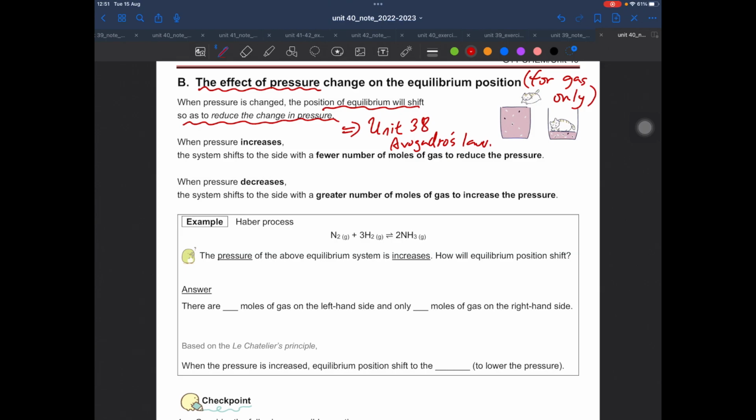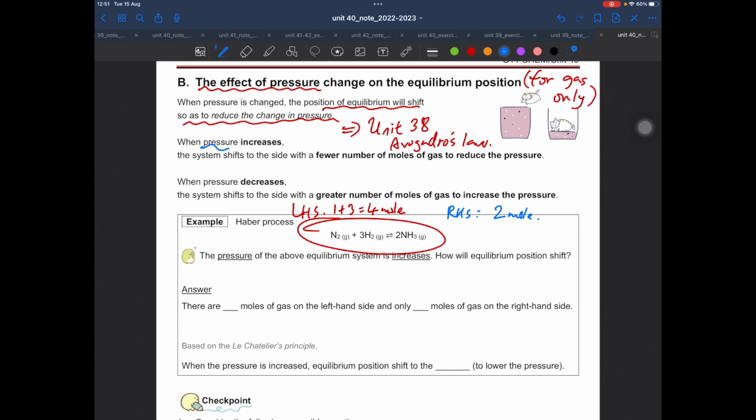So, Avogadro's law: more moles of gaseous molecules, more pressure or more volume, right? Here on the left hand side, there are 1 plus 3 equals 4 moles of gas. On the right hand side, there are 2 moles of gas.